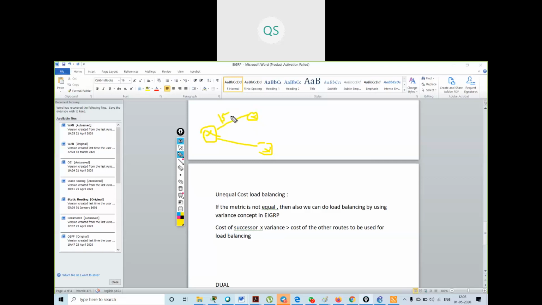Suppose 1544, 1544. So this is equal cost load balancing. Some packets will go from here and some packets will go from here.